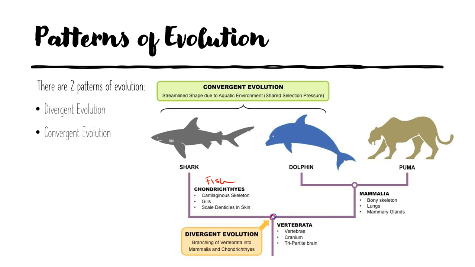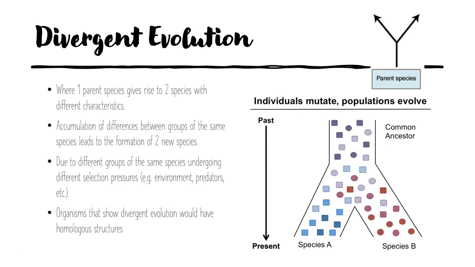Divergent is when we get a junction point and something changes. The junction point between organisms that had vertebrae or a backbone, and then one branch went to form mammals, the other branch went to form aquatic animals such as fish. This is divergent, when we get a branch that diverges away.